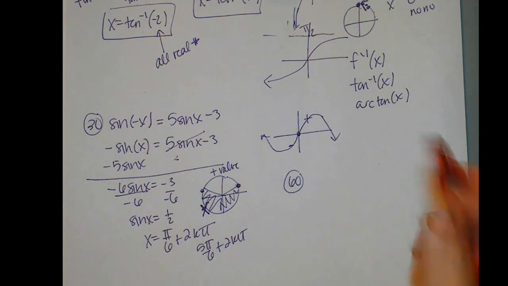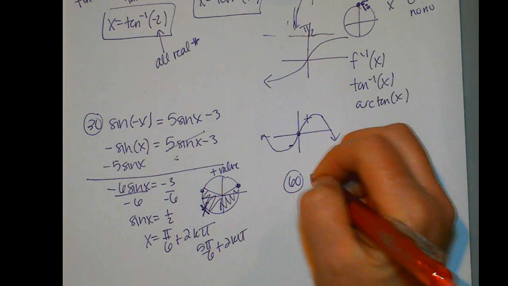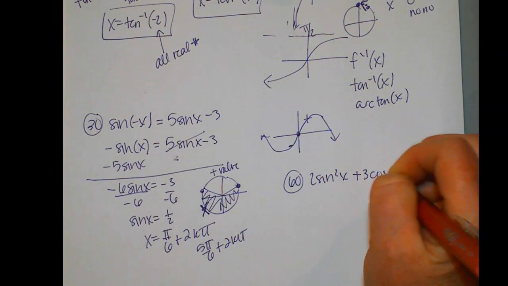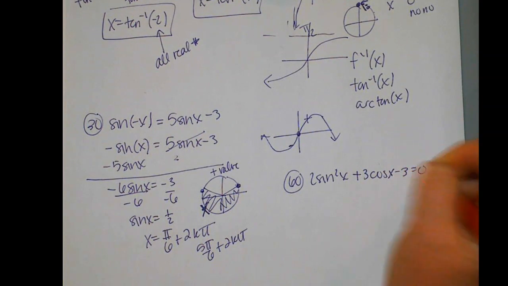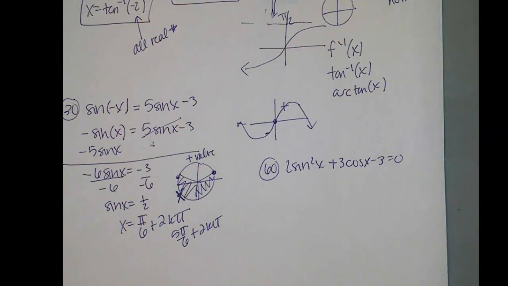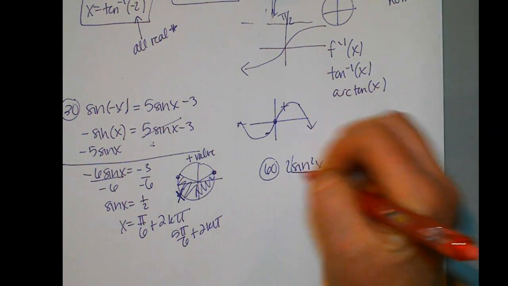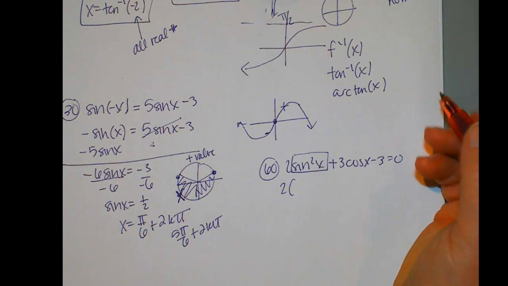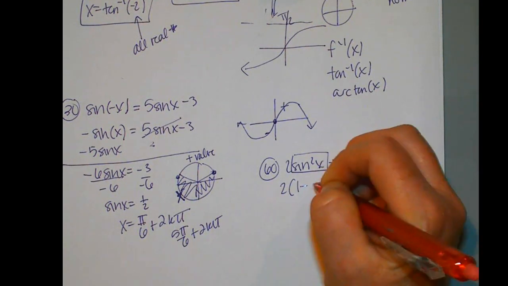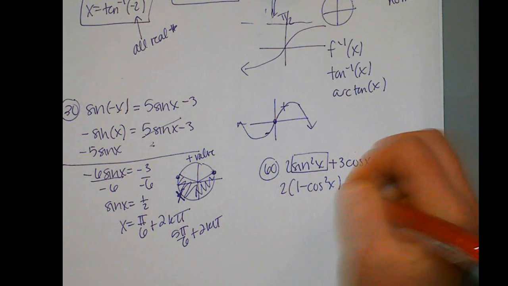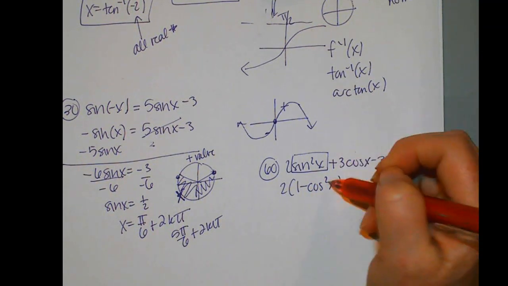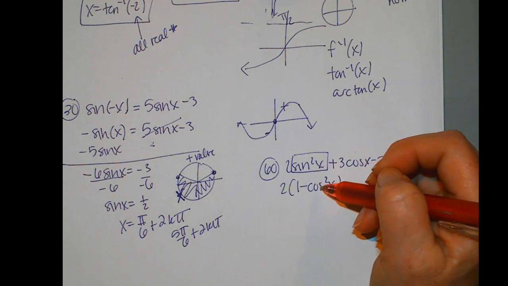Yeah. Okay, 60. 2 sine squared x plus 3 cosine x minus 3 equals 0. So this is the identity you have to know. What is it? So it's the same one, rearranged. It's what Madeline said. It's what Zach said. And Ben said it's the Pythagorean theorem rearranged.